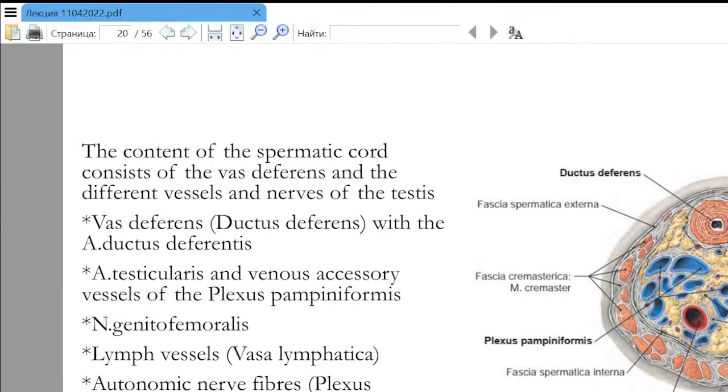The content of the spermatic cord consists of the vas deferens and the different vessels, veins and arteries, and nerves.